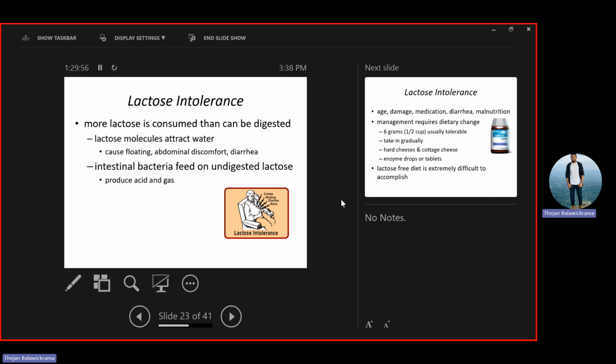Then our body rejects that food, rejects that meal. So that is the situation. We'll end up with diarrhea. The stomach is paining, right? So this is what we call lactose intolerance.